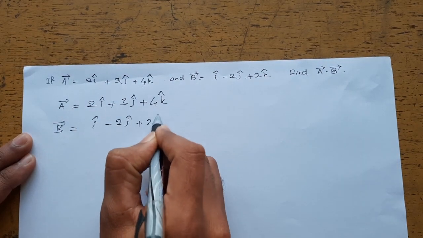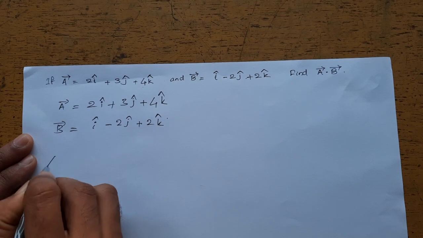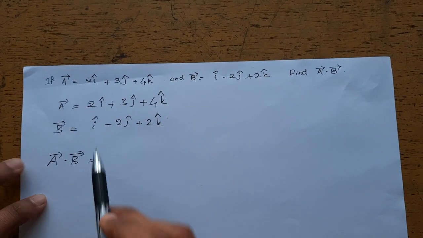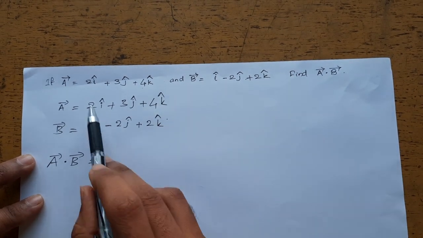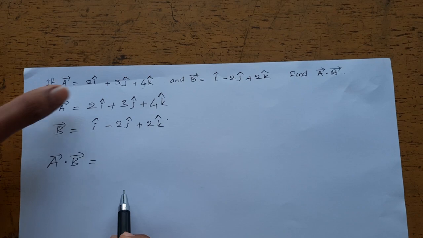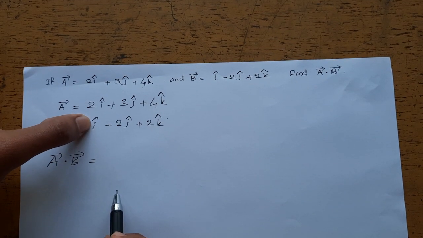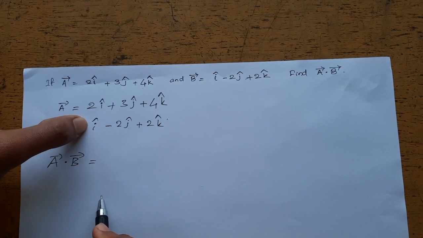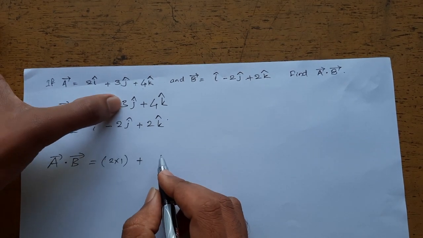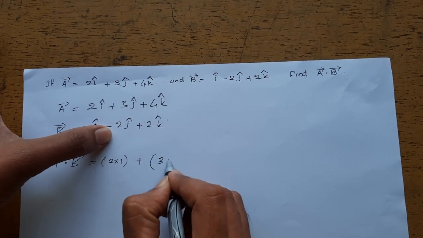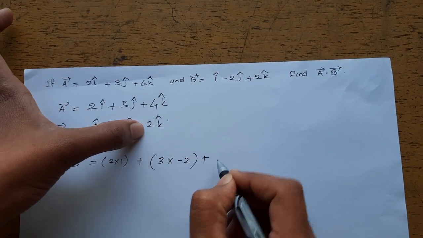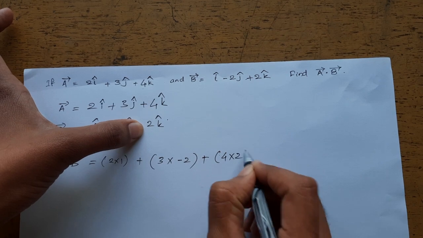Then if we want A dot B, we know that we take similar unit vectors and their magnitudes. Here i and i, its magnitude is 1, so 2 into 1, that is 2 into 1, plus here 3, here minus 2, so 3 into minus 2, plus here 4, here 2, so 4 into 2.